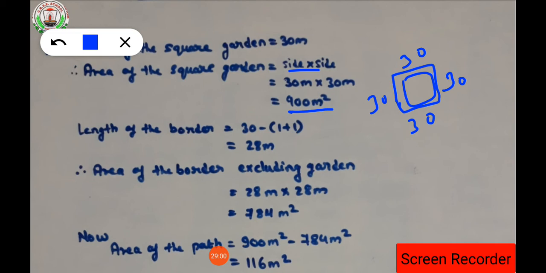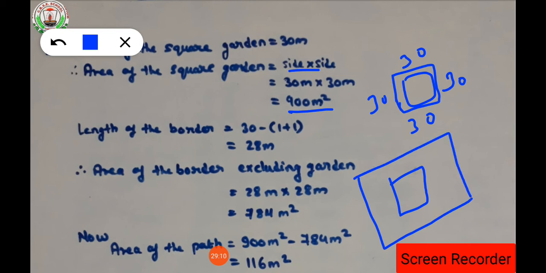Suppose, let me draw it again and show you. This one is the border, drawn inside the garden, and this is the garden. Clear? Then from here to here, the side of the garden is how much? 30 meter.